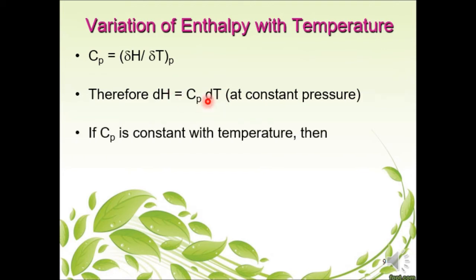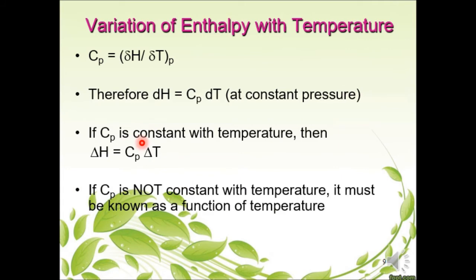So if Cp is constant with temperature, so this one is already constant at pressure, but if it is also constant with temperature, then we get this: change in enthalpy equals Cp multiplied by change in temperature.